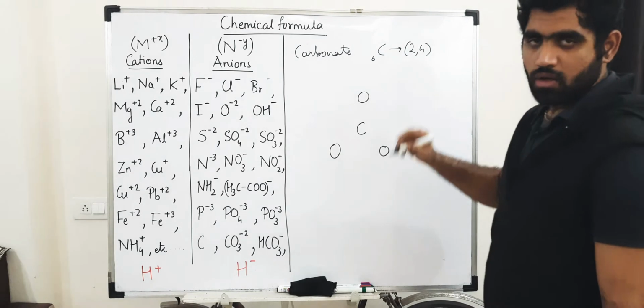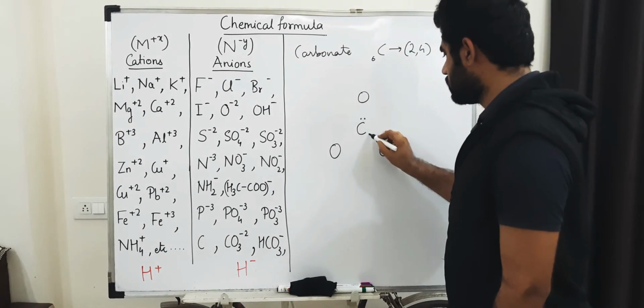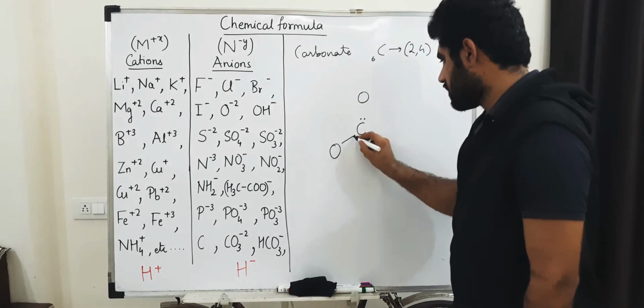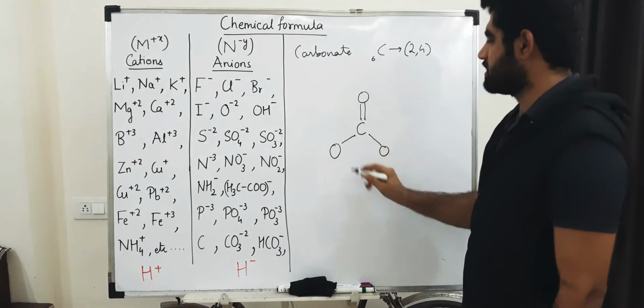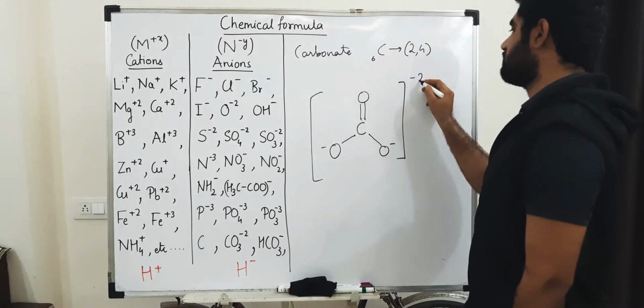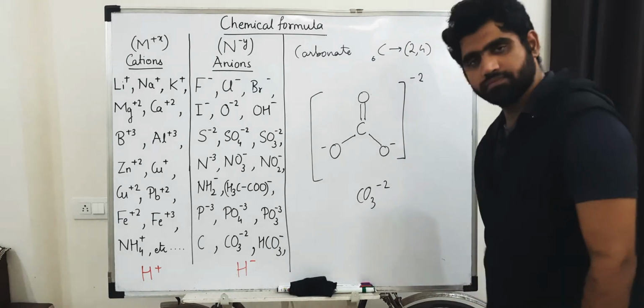Carbon has 4 electrons in the outermost shell, 1, 2, 3, 4. So this oxygen is balanced. This has 1 negative. This has 1 negative. Ultimately this results in the formation of -2. So CO3, carbonate, is -2.